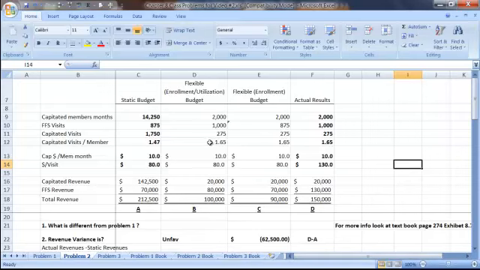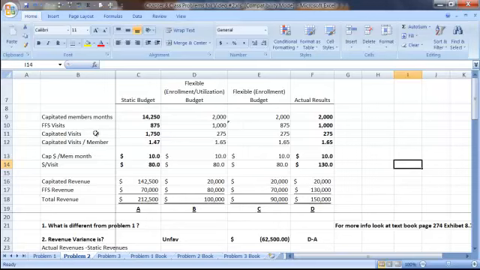One little thing I want to note, with these capitated visits, even though this changed, we thought we were going to have 1.47 and we had 1.65 visits per member. It has no impact on the revenue at all because we are not compensated on a per visit basis with capitation.